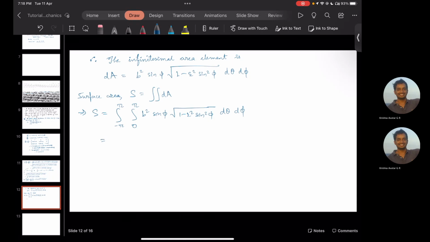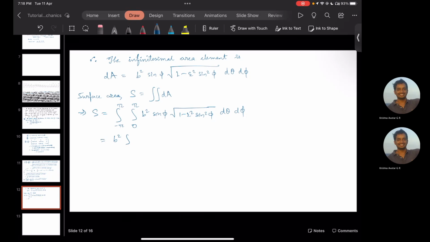Now this is our integrand, and you can clearly see that the integrand has no dependence on theta, isn't it? Because b is a constant and even epsilon is a constant. So we can separate both the integrals.